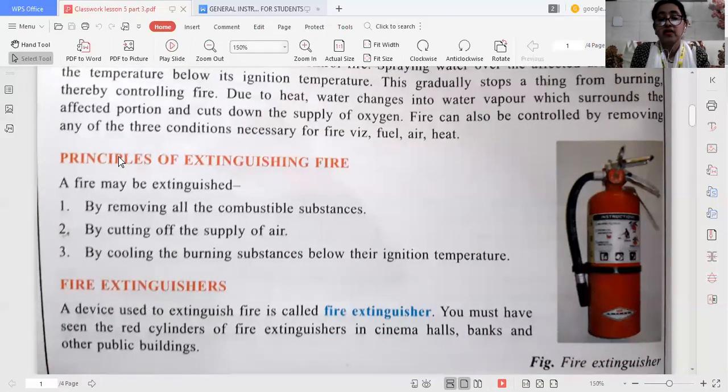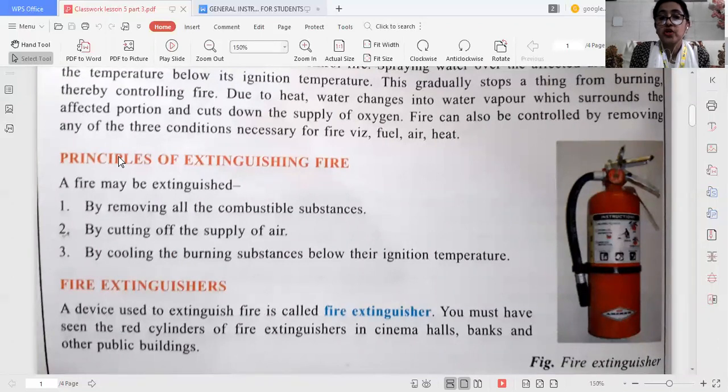Second, by cutting off the supply of air. Many times we throw water, and what is the water doing? Water is cutting the supply of air. And third, by cooling the burning substance below its ignition temperature. When we are throwing water, along with cutting off the supply of air, it is also cooling the burning surface of the substance and lowering the ignition temperature.